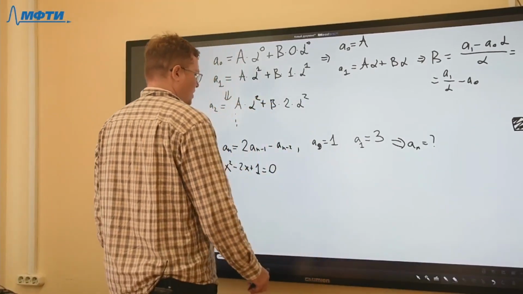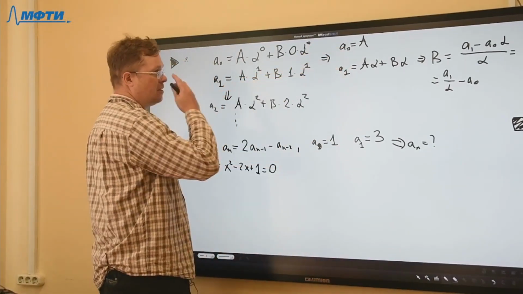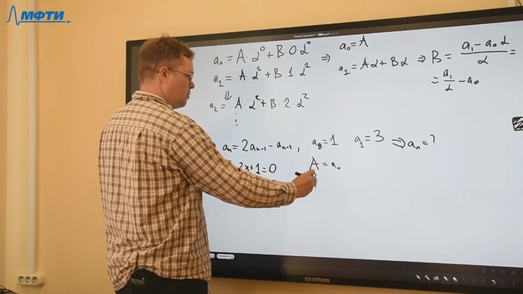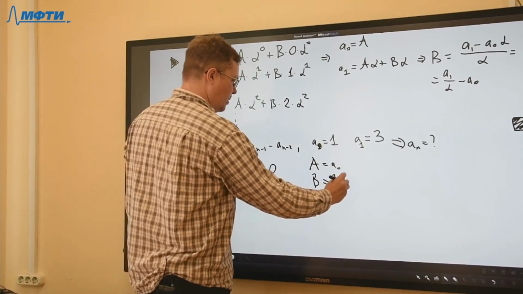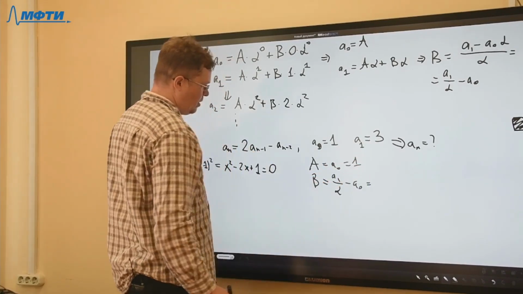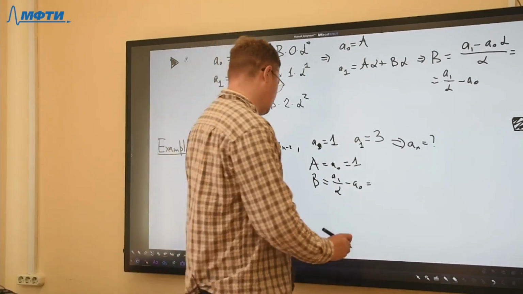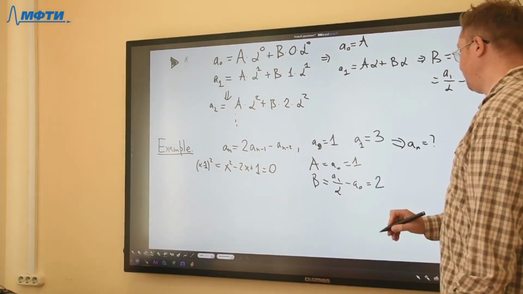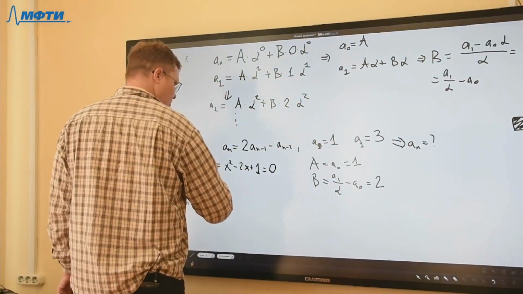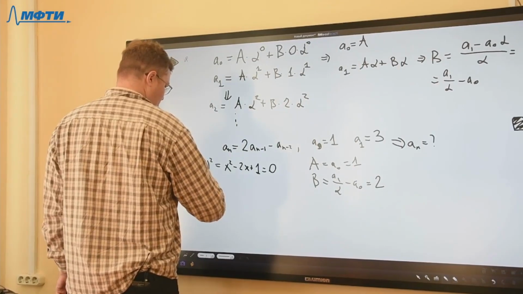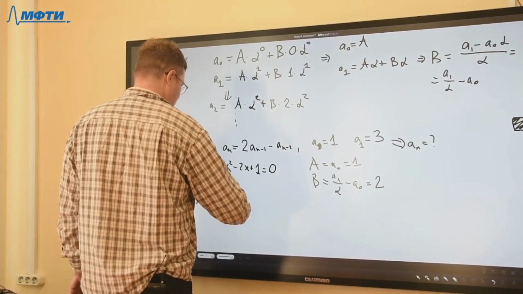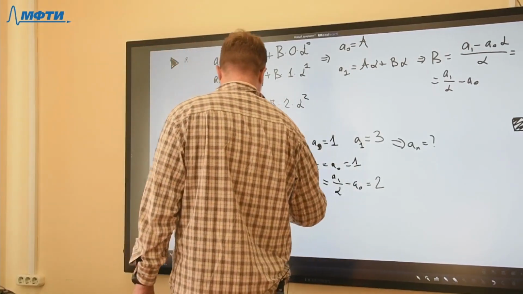Okay, so if you just look at this formula, then you get that a will be equal to a0 and b is equal to a1 over alpha minus a0. So a0 is 1 and a1 over alpha minus a0 is 2. So an is equal to 1 times 1 to the power n plus 2 times n times 1 to the power n, or 2n plus 1.